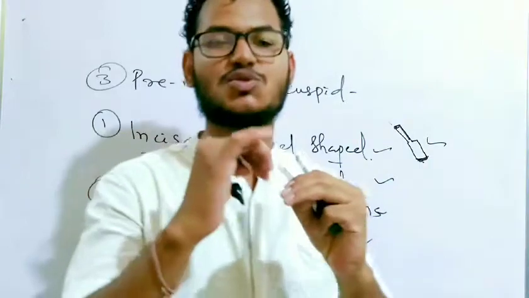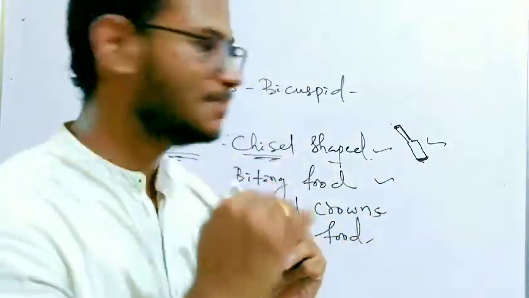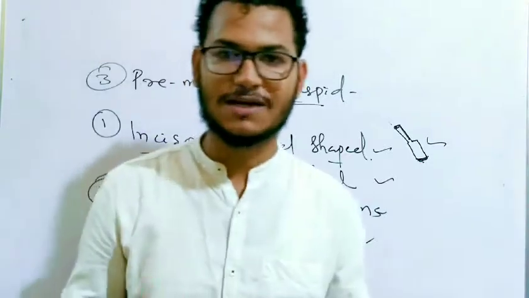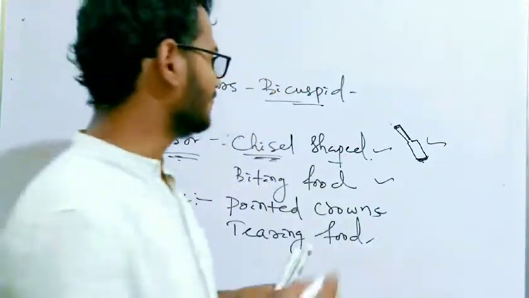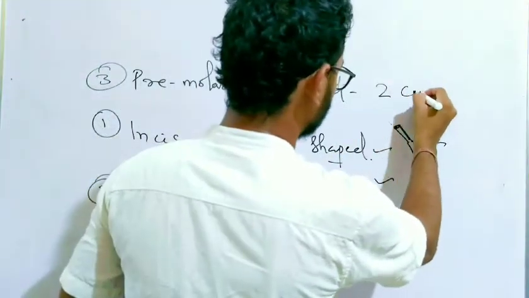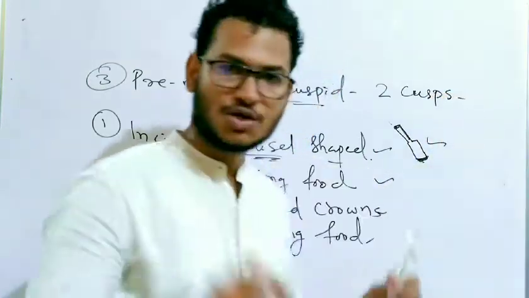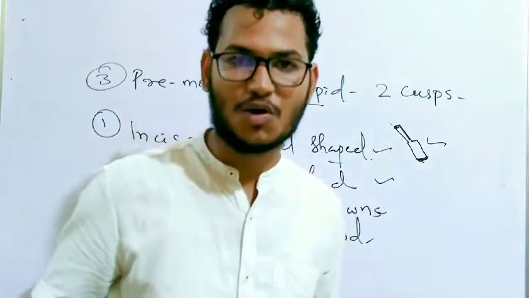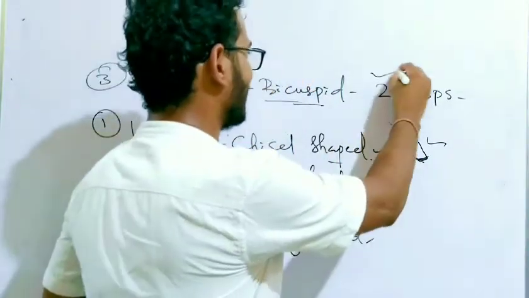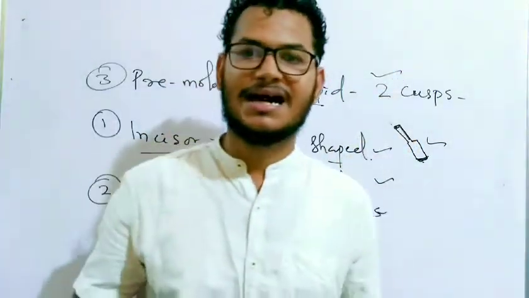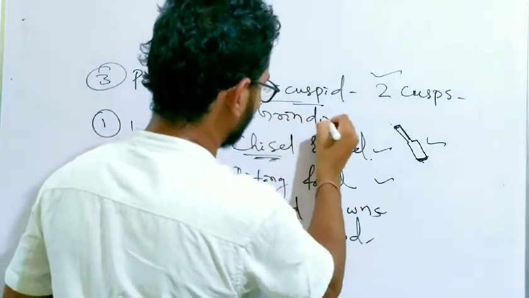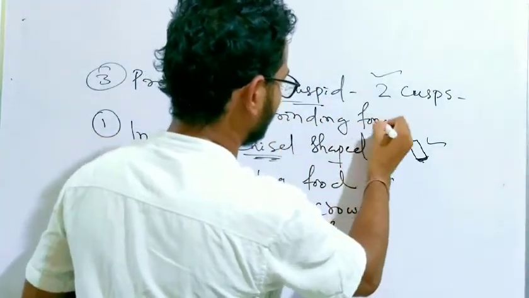There are 2 curves which meet at a single point. That is the reason why it is called bicuspid. So premolars are having 2 cusps, 2 curves meeting at a single point. This is bicuspid premolars, and they help in grinding the food.